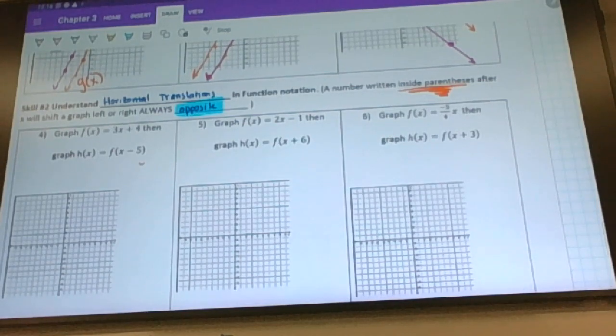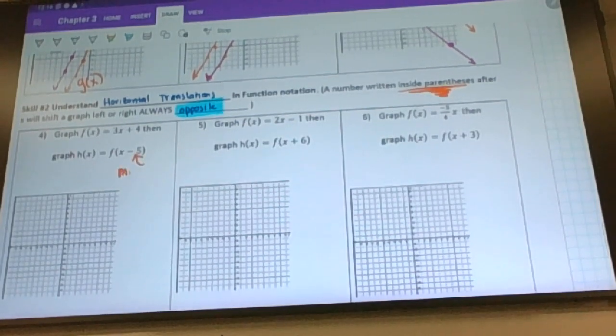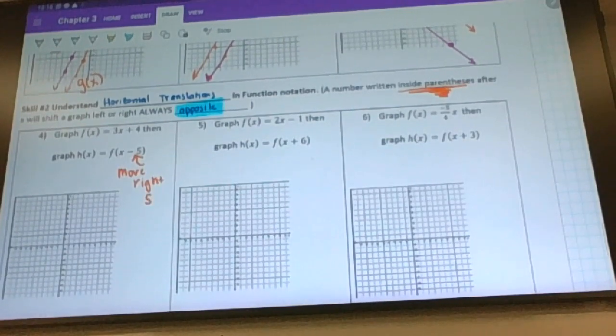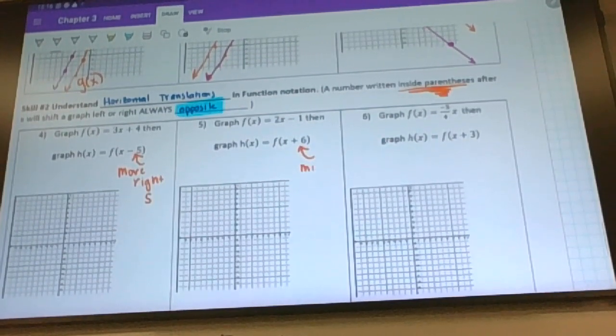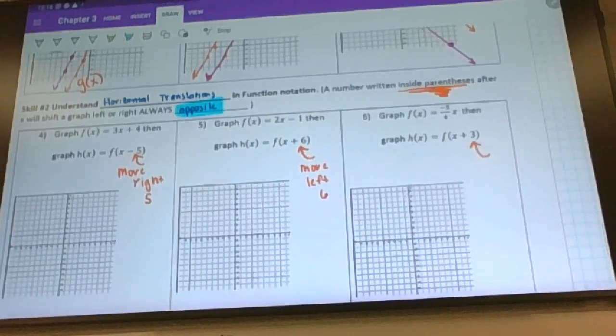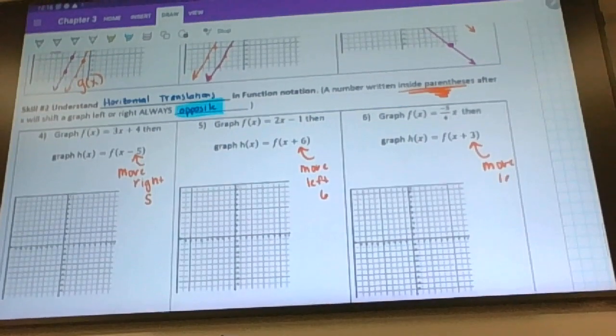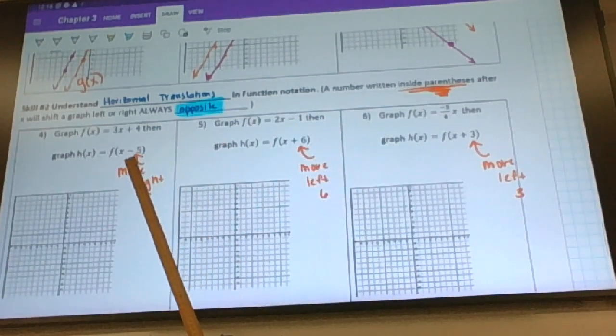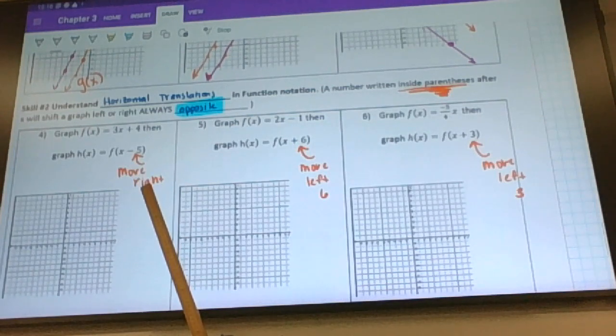So this means move right 5. This means move left 6. This means move left 3. If it's subtraction, you go to the right.